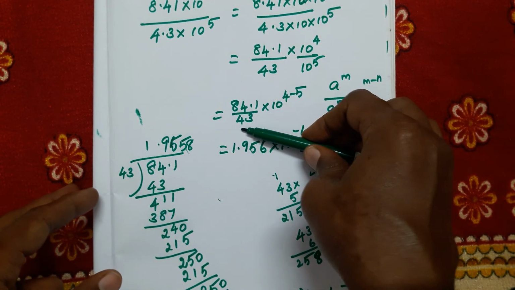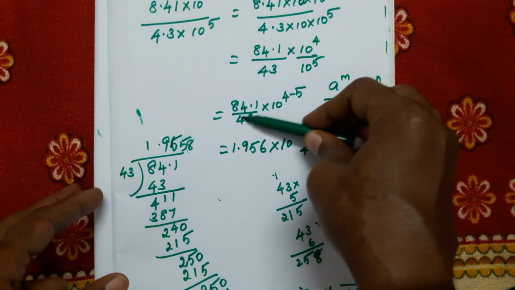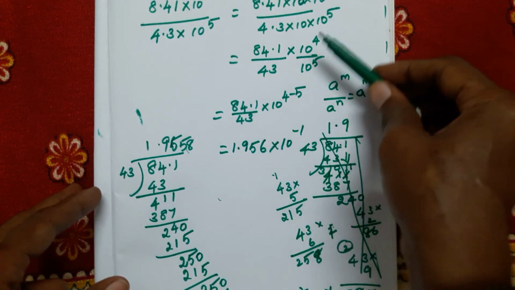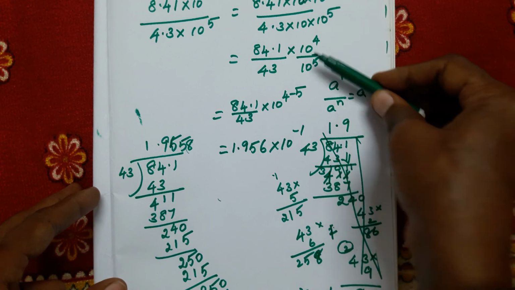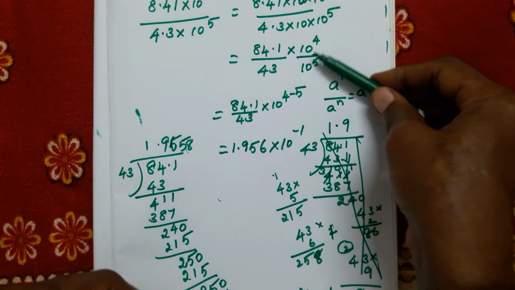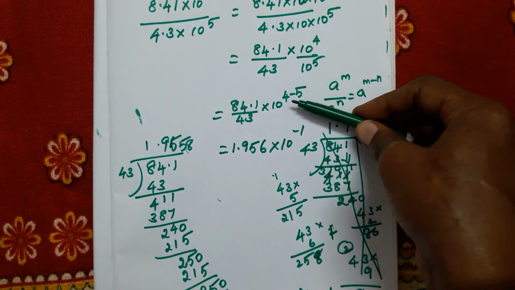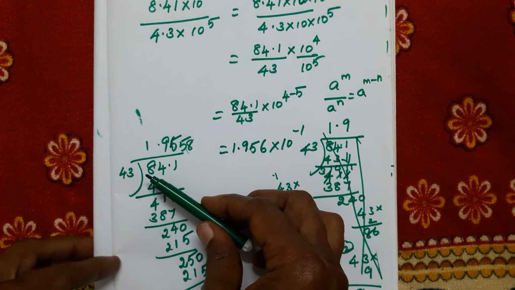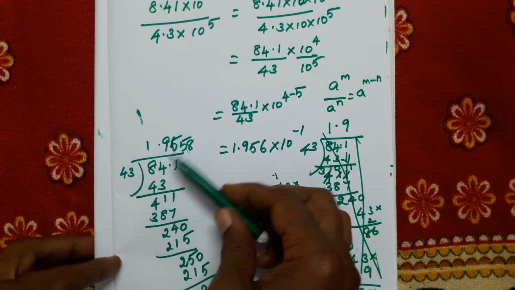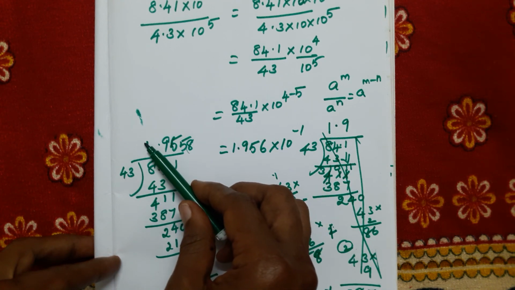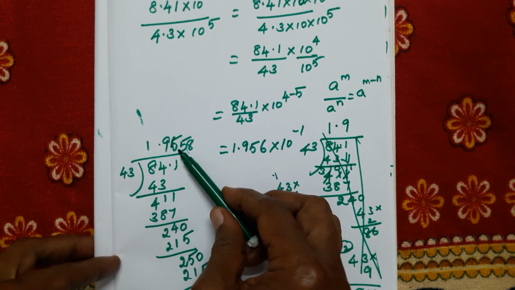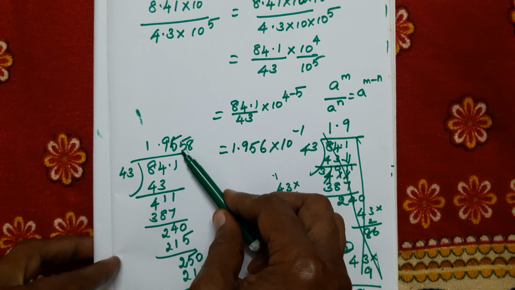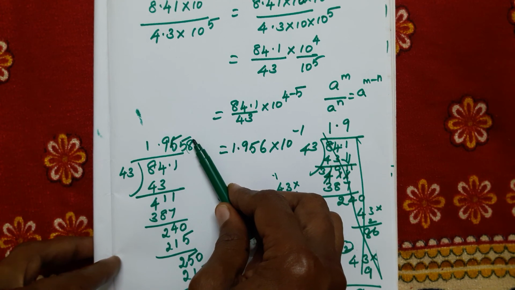Next, 84.1 by 43 into 10 power 4 minus 5. Here 10 power 4 by 10 power 5, we can write 10 power 4 minus 5. When we are dividing 84.1 by 43, we are getting 1.9558. Here the fourth digit is more than 5.